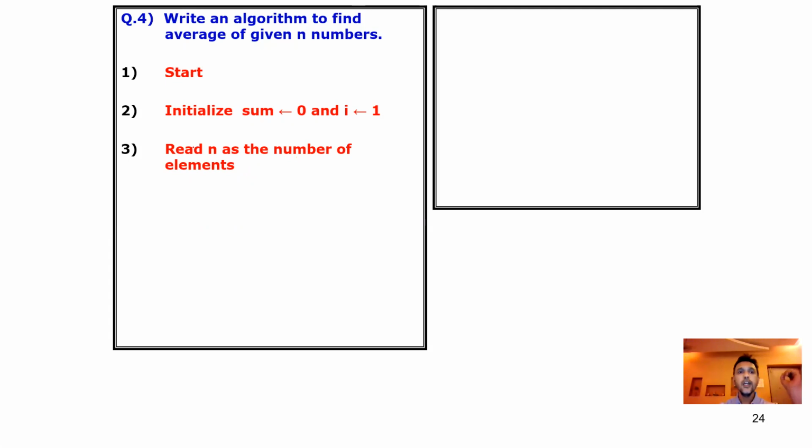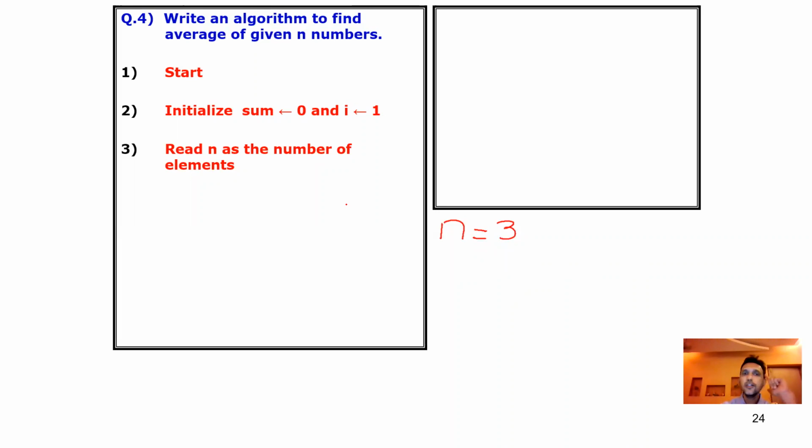Anyway, we are writing read n as the number of elements. In other words, n is the number of numbers. So let's say n is equal to 3. Now another simple question: if n is equal to 3, that means the user wants me to find the average of how many numbers?